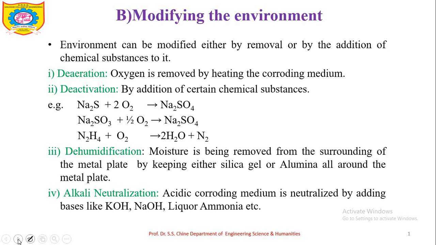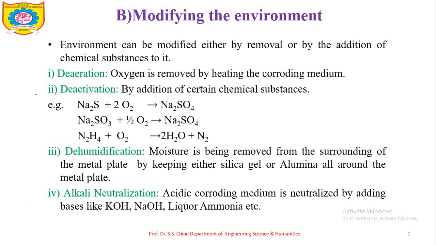So we need to consider these factors, and as per that we need to modify the environment. For example, suppose in acidic medium, the rate of corrosion is too rapid. So you have to change that environment from acidic to neutral or alkaline. In this way we have to modify the environment. So let us see one by one.